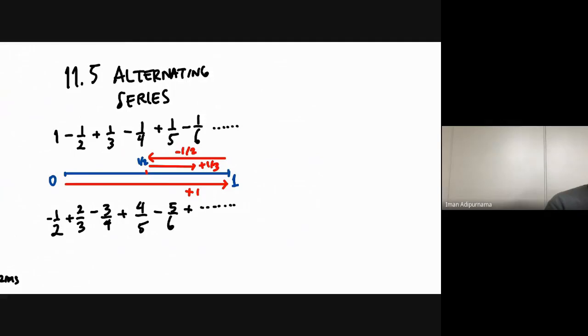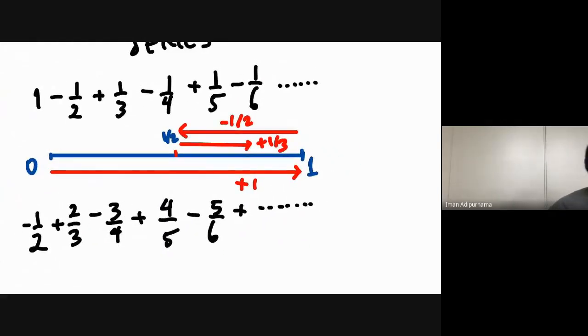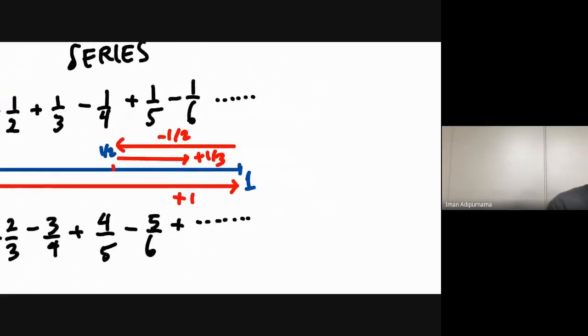Eventually, if you see how the arrow moves, it will approach something, right? Now, 11.5 is our method to show that it will converge to some value or maybe not.